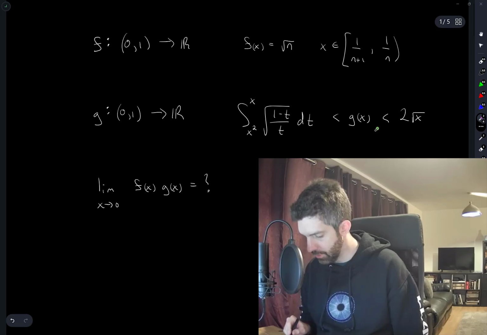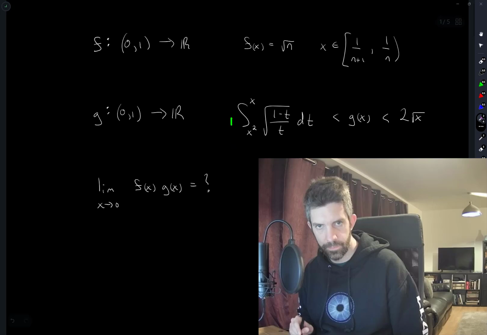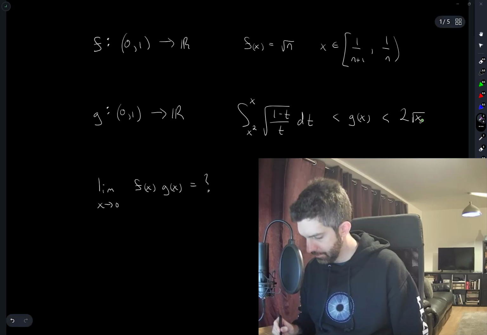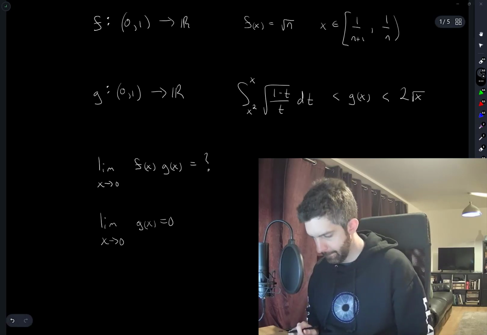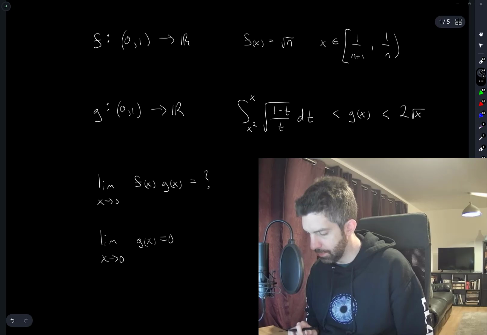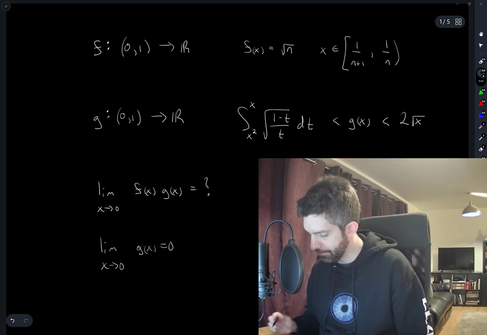As x approaches 0, g(x), well, this is always positive. So g(x) goes to 0, right? And f(x) approaches, I guess, infinity, right?